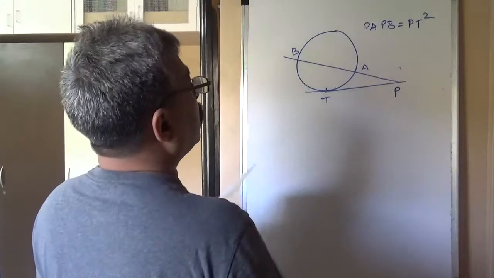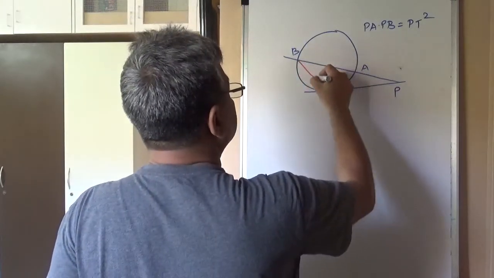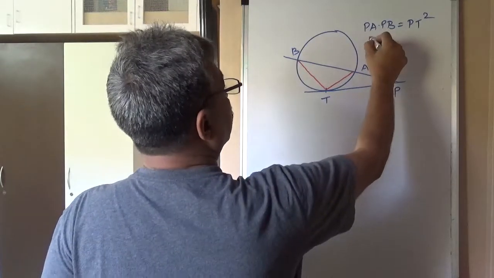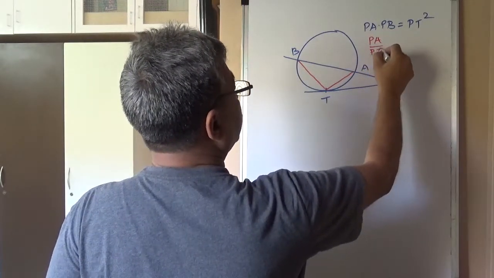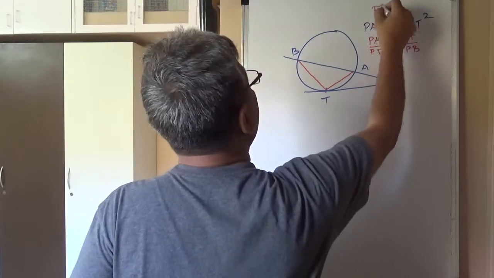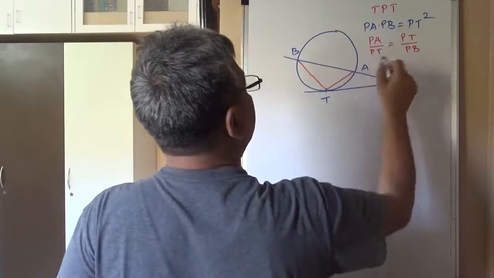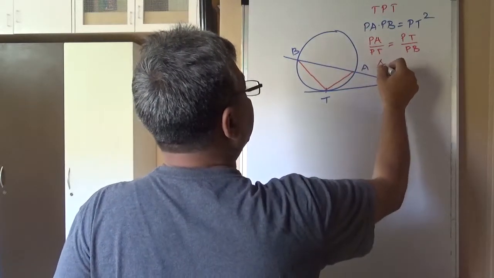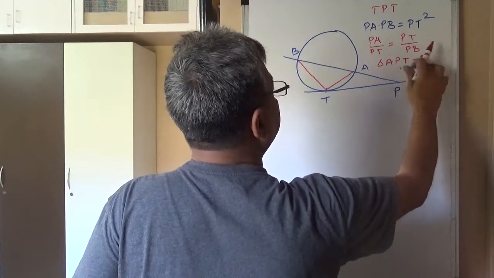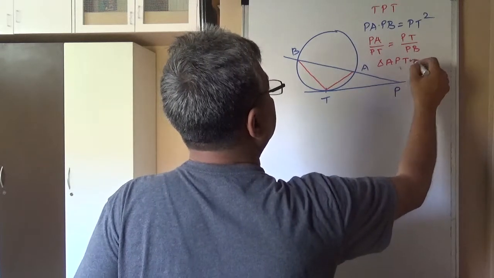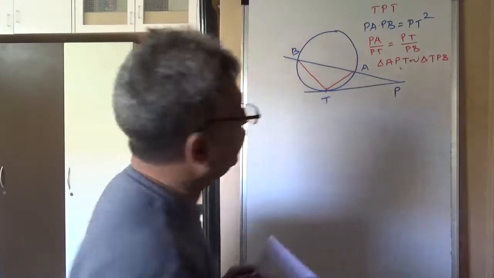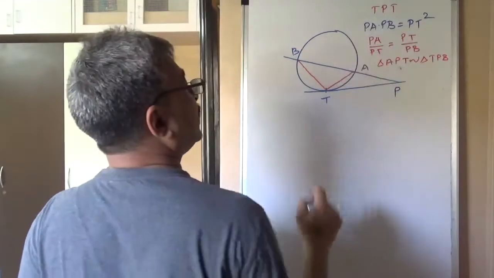Here we draw these two lines and use our simple technique of proving ratios. PA upon PT should be equal to PT upon PB. To prove that, I will look at triangle APT, whether it is similar to triangle TPB. If they are similar, then I get this.